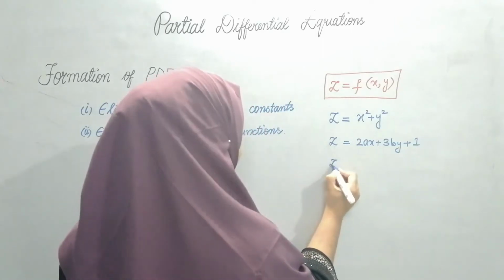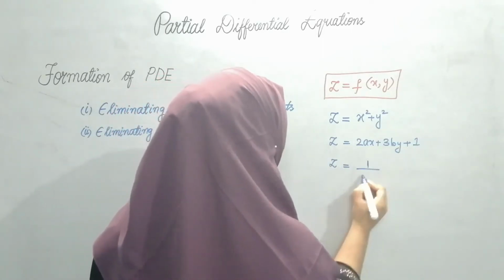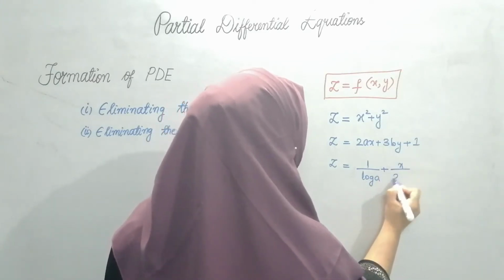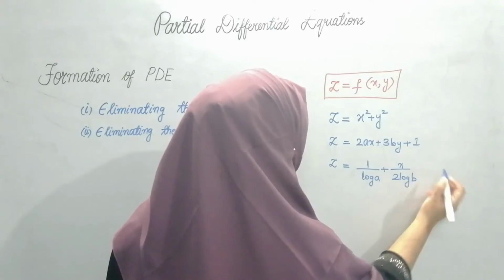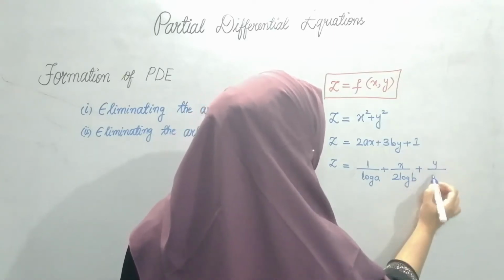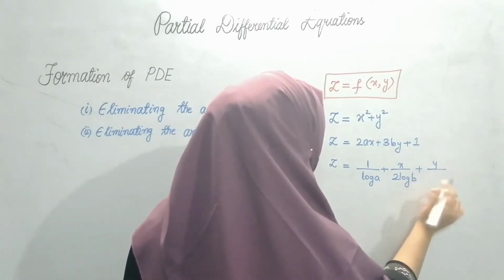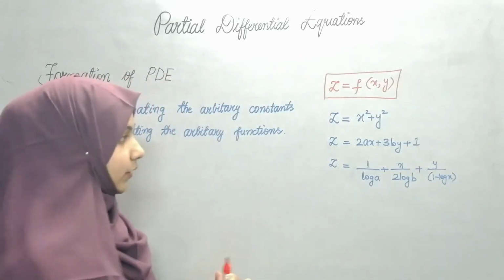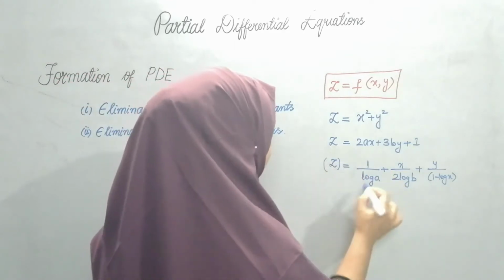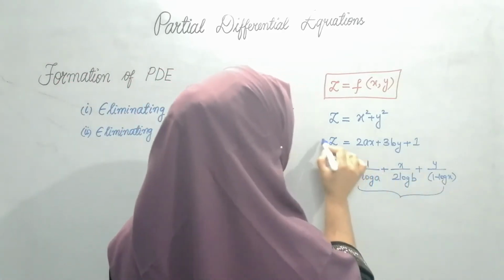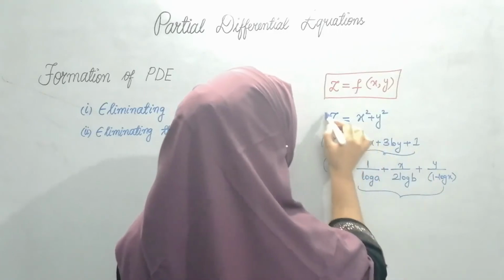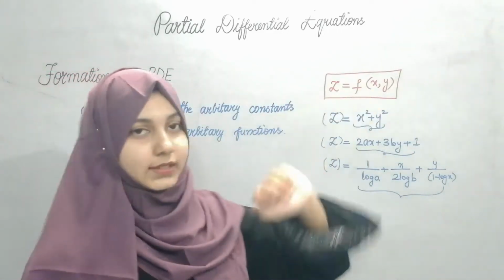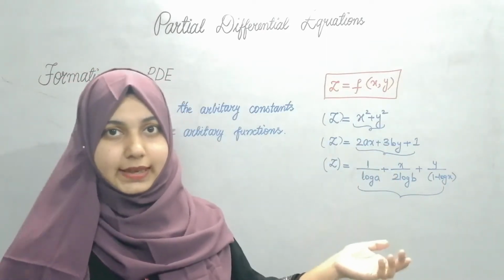Or it can also be in the form of logarithms, 1 by log a plus x by 2 log b plus y by 1 minus log x, anything. So here my z is in terms of only x and y. Z is a function that is in terms of x and y.